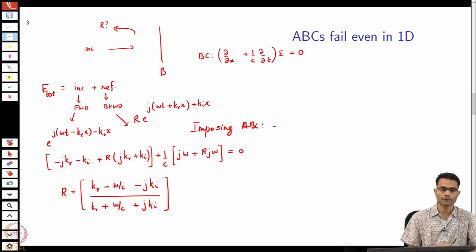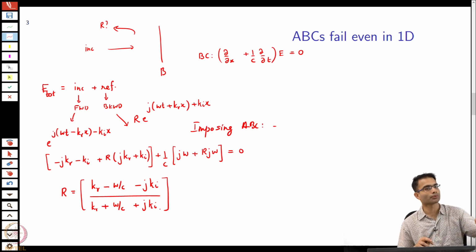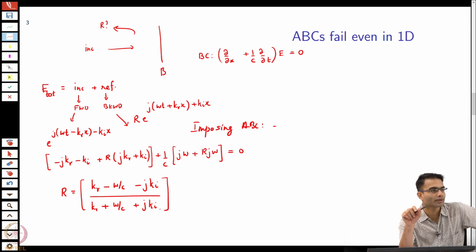So, what does that tell you? In our ABC, what is the one knob we have in our hand to impose the boundary condition? Like in the 1D ABC or 2D ABC, we were putting a cos theta factor over the 1 by c. So, in some sense you can play around with that number c, right, you can multiply it by some cos theta or whatever. But now when you look at this expression, what happens over here?